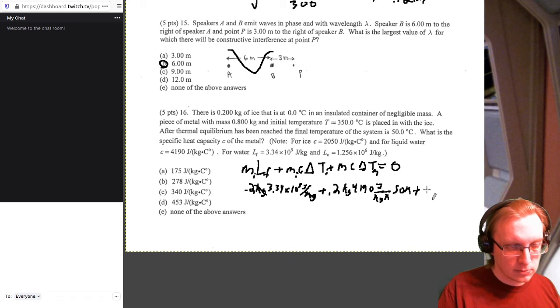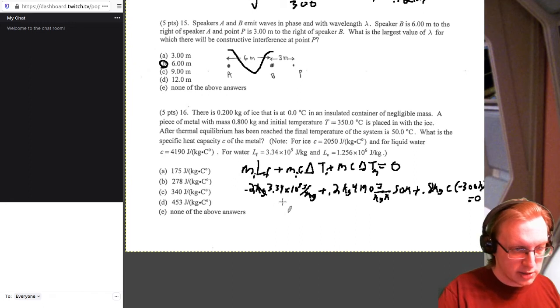Plus mass of the metal 0.8 kilos. It's unknown C, and we need to drop its temperature 300 Kelvin, right? Yes. And of course equal to 0. So then, yes, all signs work out good.